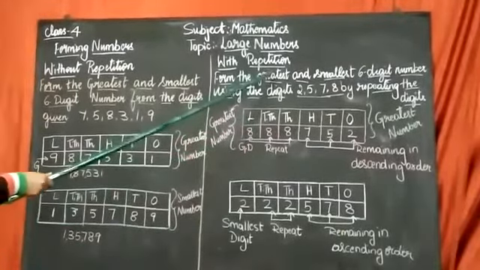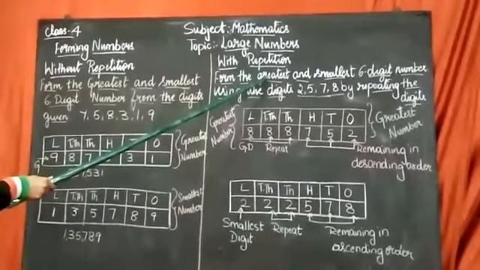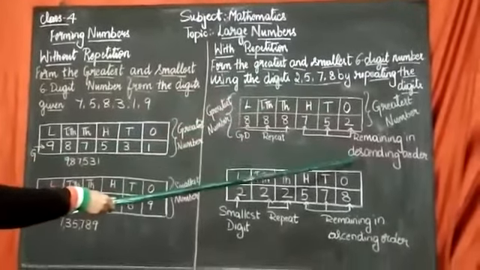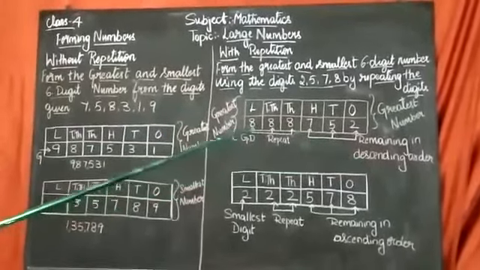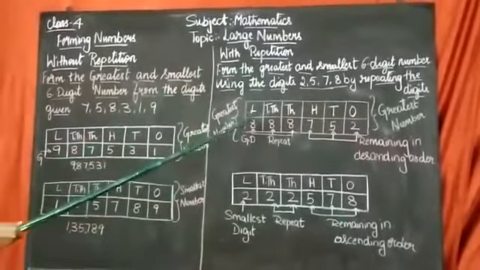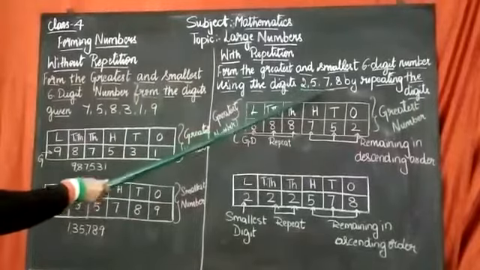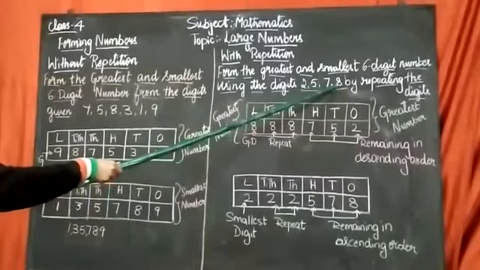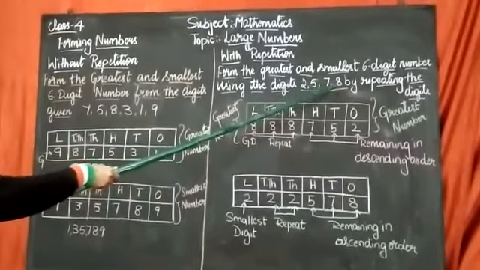Greatest means what? Arranging in greatest means descending order. Descending order is greater number to smaller number. So take the greater number here. 8 is the greater number. We have here 4 digits.